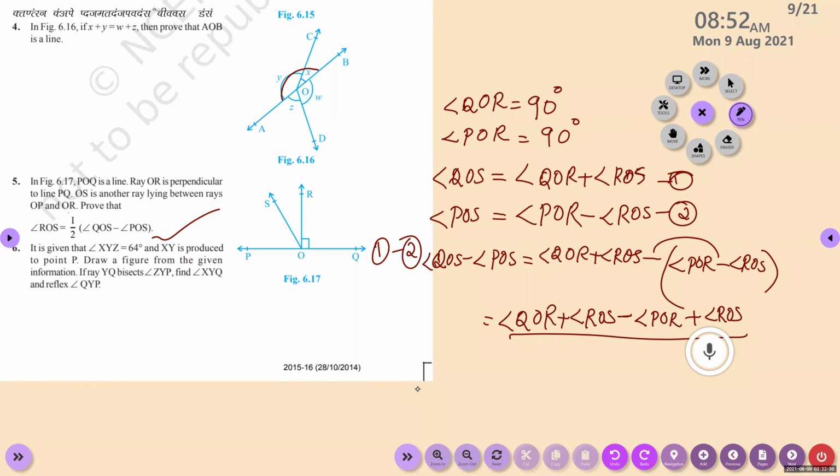Why? Linear pair. QOR and POR are the linear pair. If we have two linear pairs, can we cancel them?